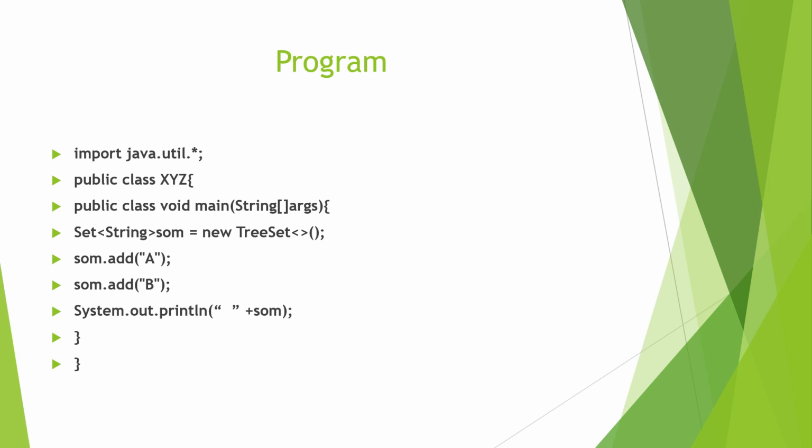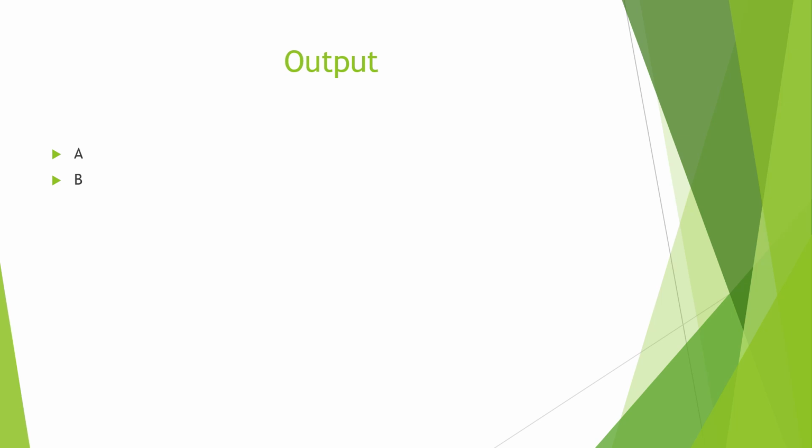After that the public class name, then the void main function. After that I am naming the set as shom. So we are applying the add method, where shom.add a, shom.add b, and then printing the result. So this is the output, that is A and B.